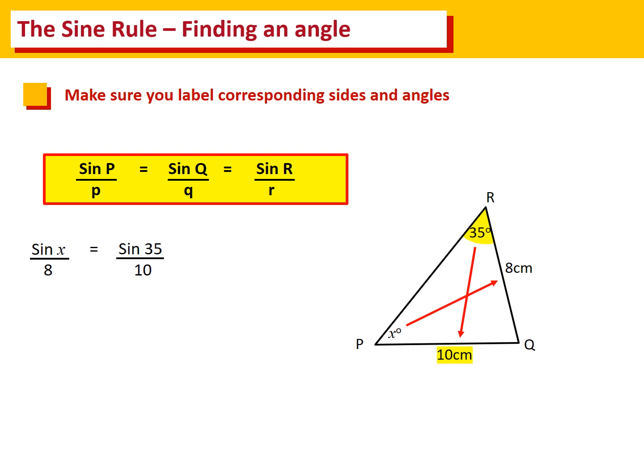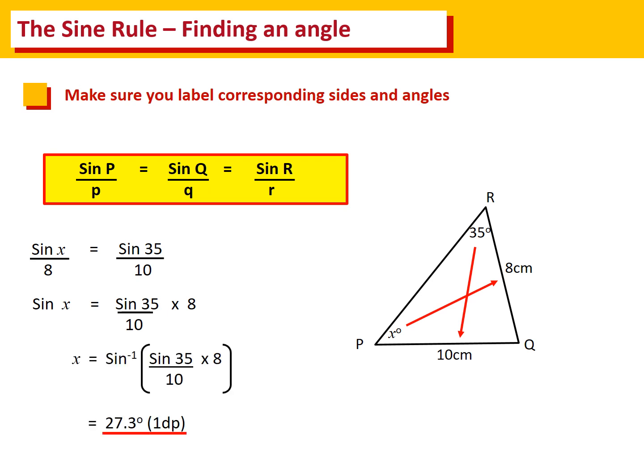In order to leave sine x on its own, we multiply both sides by 8. As I was saying on the previous example, I would calculate the answer to this sum now, and then when you've got the answer on the screen, you press shift sine answer, and hopefully it will come up with 27.3 degrees for you.